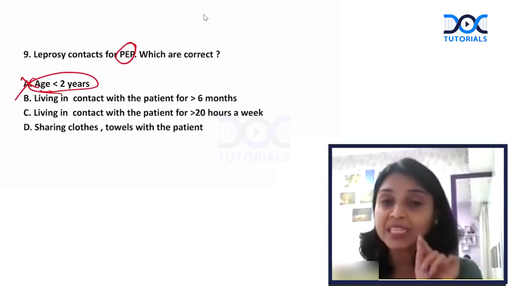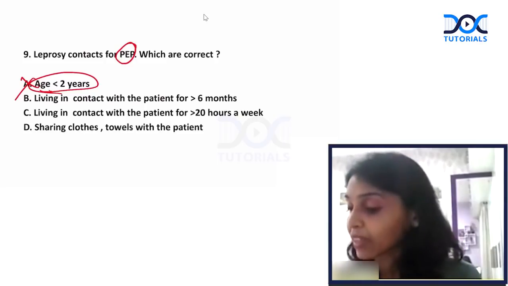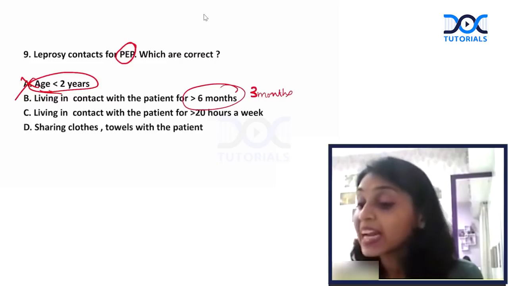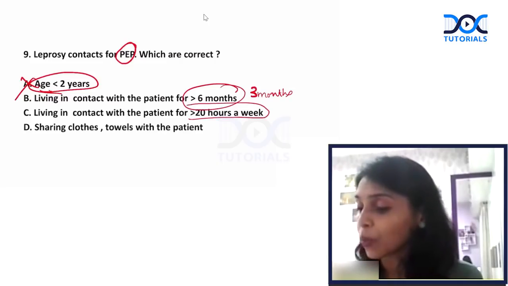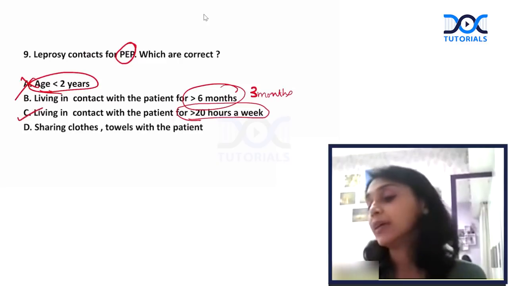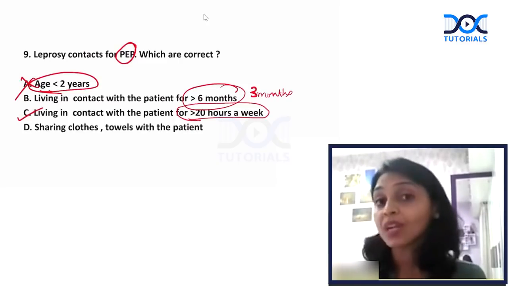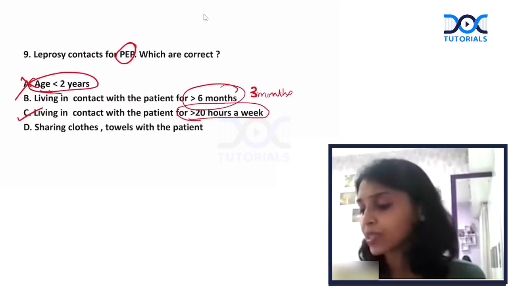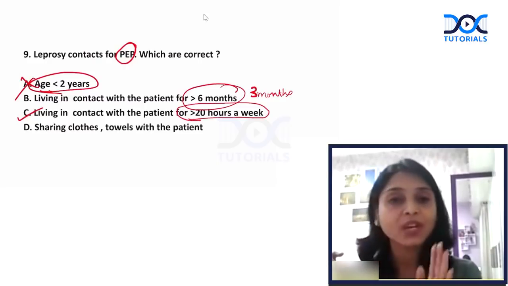No. It is living in contact with a patient for more than 3 months that they have recommended in the guideline. Living in contact with patient for more than 20 hours a week, that is the correct answer. Living in contact with the patient for more than 20 hours a week for 3 months in the last 1 year. I'll show you those guidelines. Sharing clothes and towels with the patients are not the criteria.